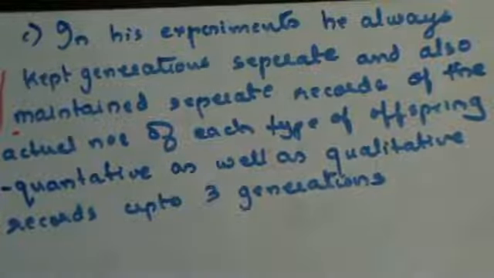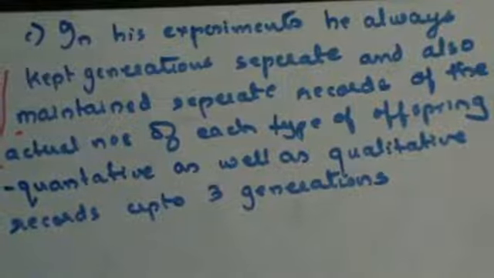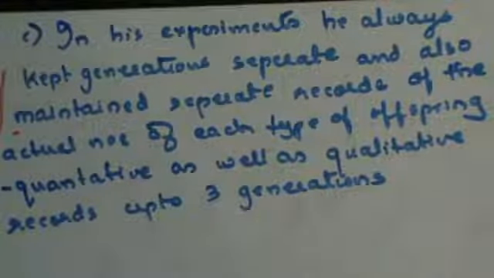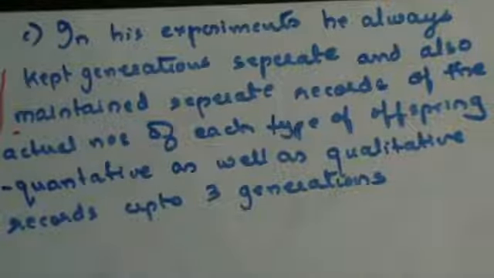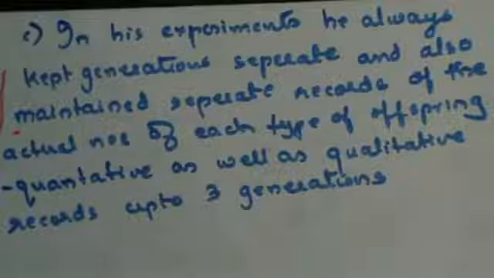Then during crossing, pollen grains and ovules were considered the important organs which formed the bridge of heredity.